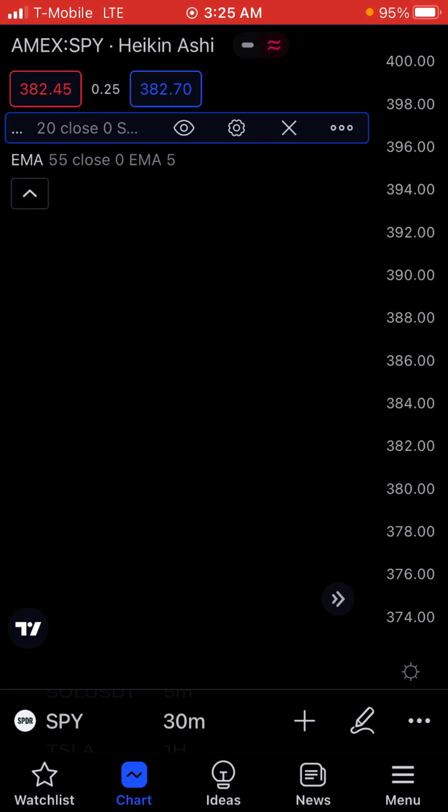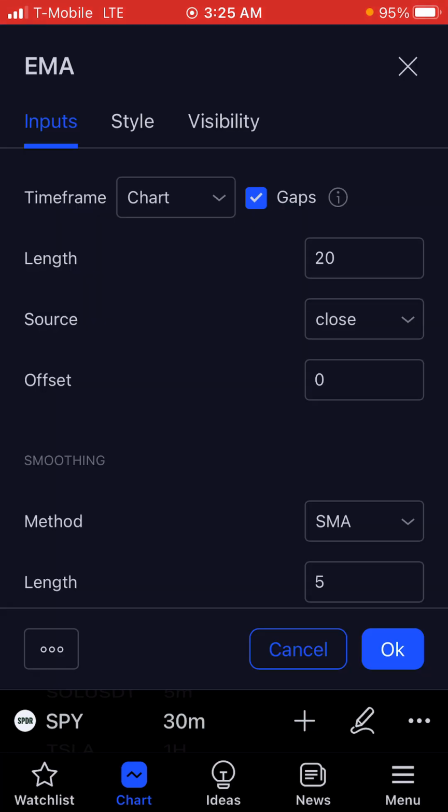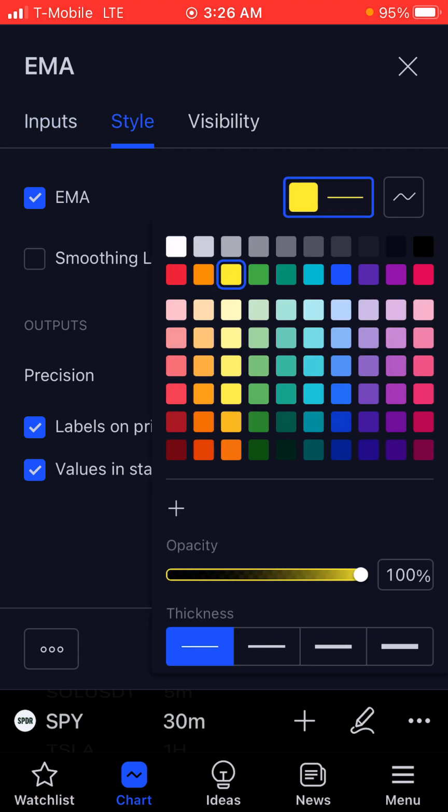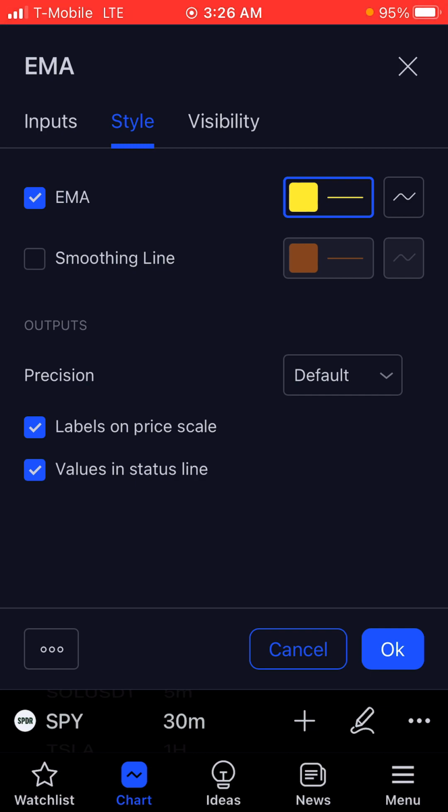But today I'm going to talk about a simple strategy that you'll be able to pick up. Now I'm going to change my EMAs. You only need 2 EMAs for this strategy. This is all you need. I mean, you could look at RSI, but we're going to look at the exponential moving average of 20, and for this particular strategy, the thickness has to be low.